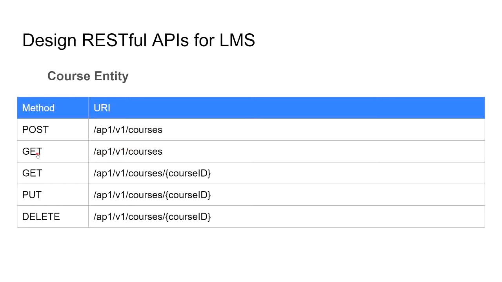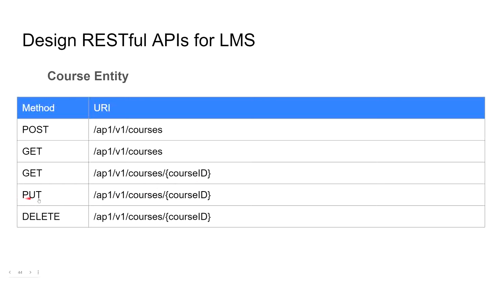Then let's say you want to know all the courses, so you will have a get API for all the courses, and again you should be providing some filters on top of that. Then you want a particular course where you know the ID of the course, so you will design yet another API, which would be API v1 courses course ID.